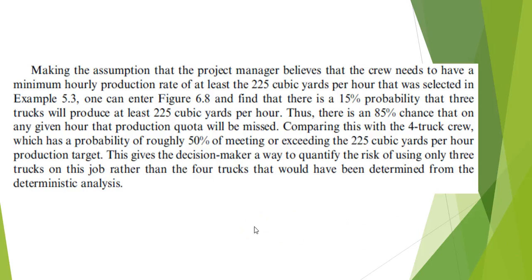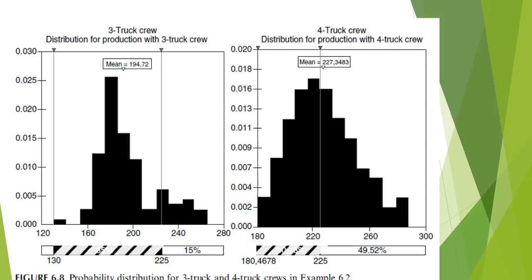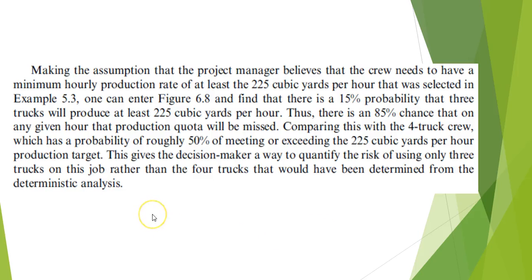And we can go and then look at the figures. Again, this is figure 6.8, and you can go in here and look at these probabilities. That's what these are here. These are probabilities of a particular value happening. And we can see that there's a 15% probability that 3 trucks will produce at least 225 cubic yards an hour.